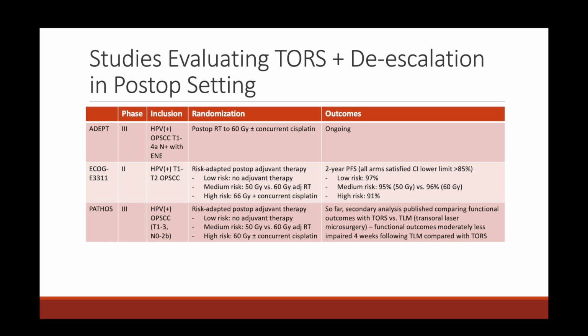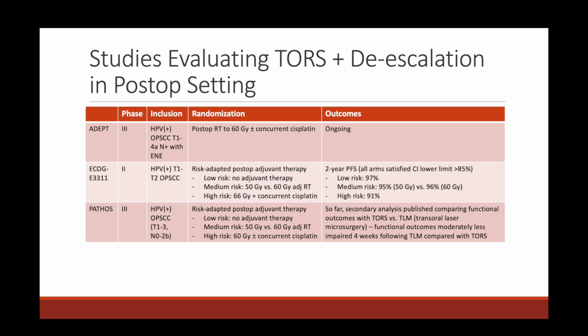There is ECOG 3311, which is a phase 2 trial that actually was published and we will go over. It's looking at HPV-positive T1 to T2 cancers and treating them with a risk-adapted approach. If they are low risk, they don't get any adjuvant therapy. If they're medium risk, they get 50 gray versus 60 gray adjuvant radiation, so they're randomized.